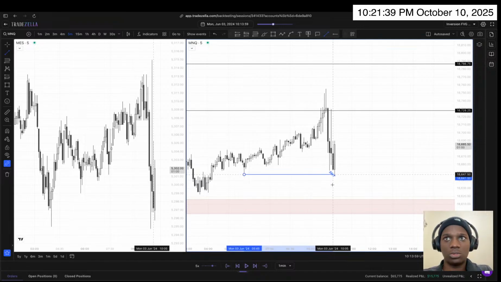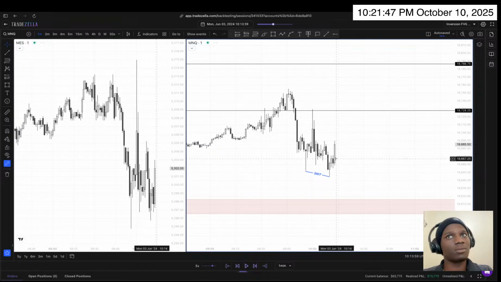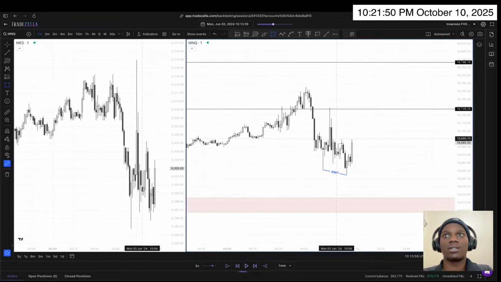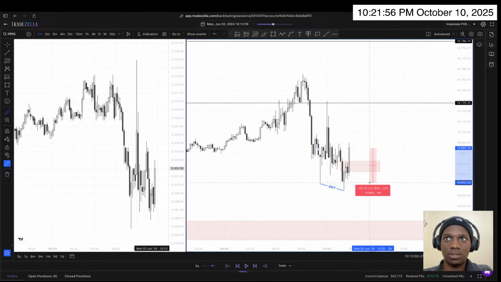And sweep from this to this, but entering based off of this version here, and this will be 500 over 60, giving us 8 handles.